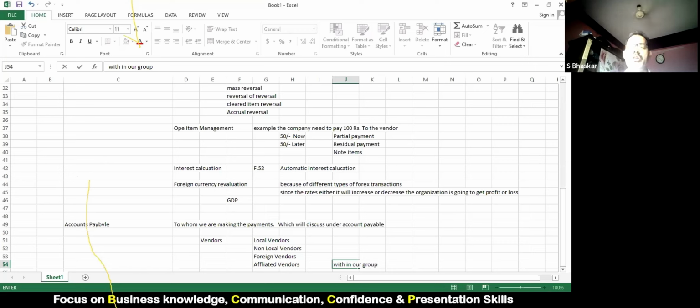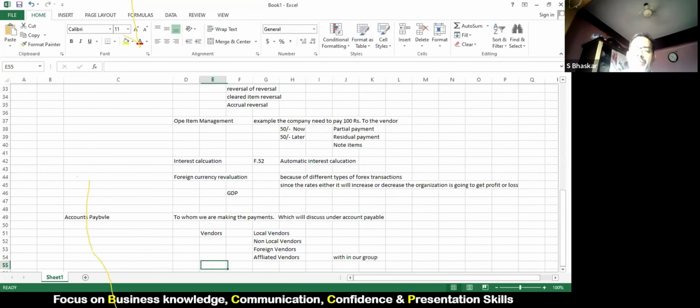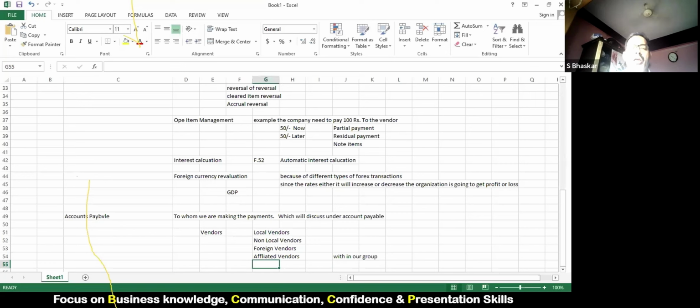Whenever she gets the product, she is going to return the product. This concept is also like that. Affiliated vendors means among our group of companies, I'll be taking a loan from those people, and whenever I get the material, we hand it back. That is called affiliated vendors. Employee vendors.